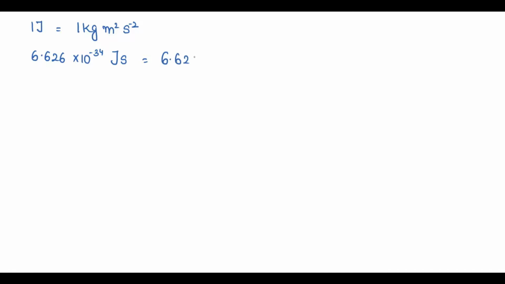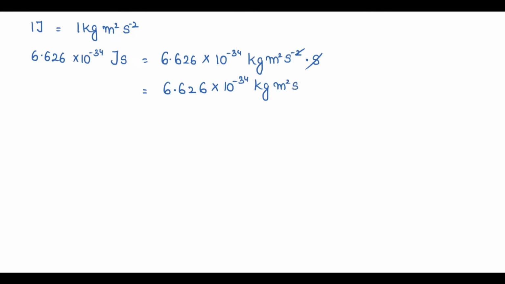So 6.626 into 10 raised to power minus 34 kg meter square second inverse square. I'll multiply this second with this, right? So I'll cancel 1 second with this 1 second inverse. So the final units are 6.626 into 10 raised to power minus 34 kg meter square second inverse.